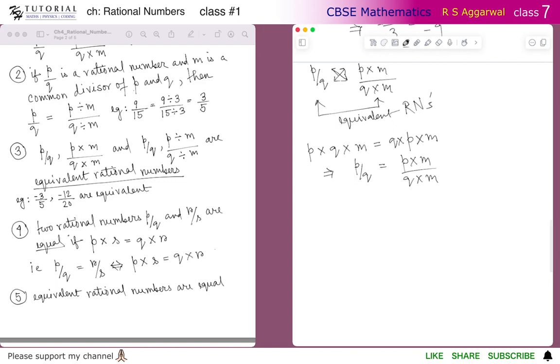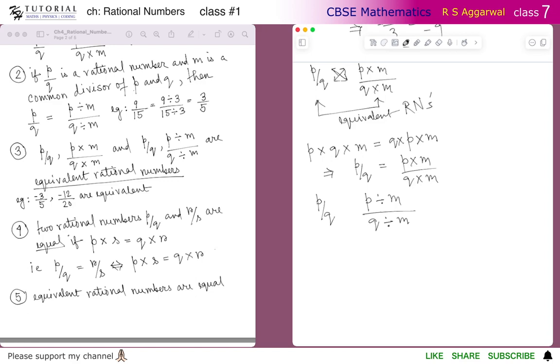Now, this was when we created an equivalent rational number from p by q by multiplying with some non-zero integer. Let's say I have a rational number p by q, and I create another equivalent rational number by a non-zero integer m which divides both p and q. So we do p divided by m and q divided by m. Of course, here m has to divide both p and q.